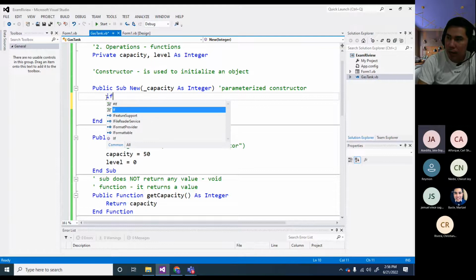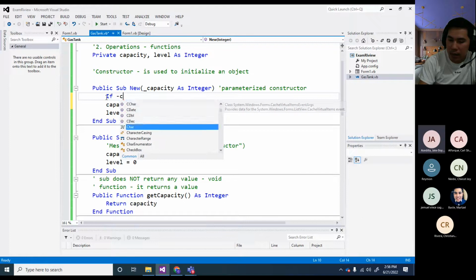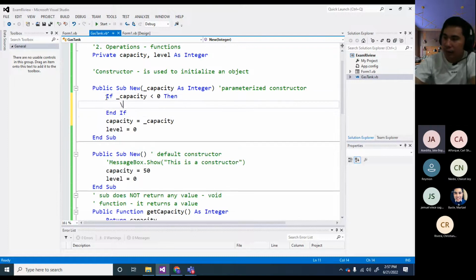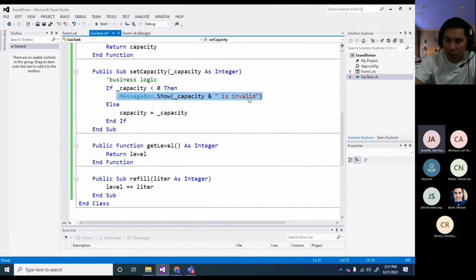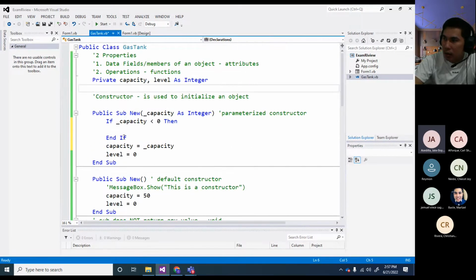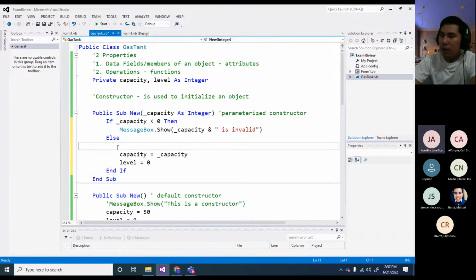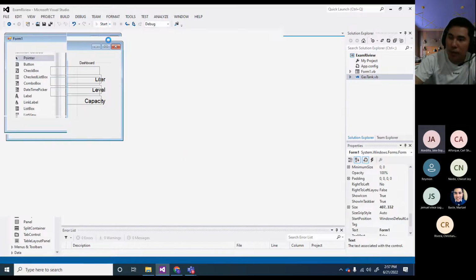So if, let's say, capacity is less than 0, sorry, then, so we can put here, then else, again. So let's go back here and run the program.